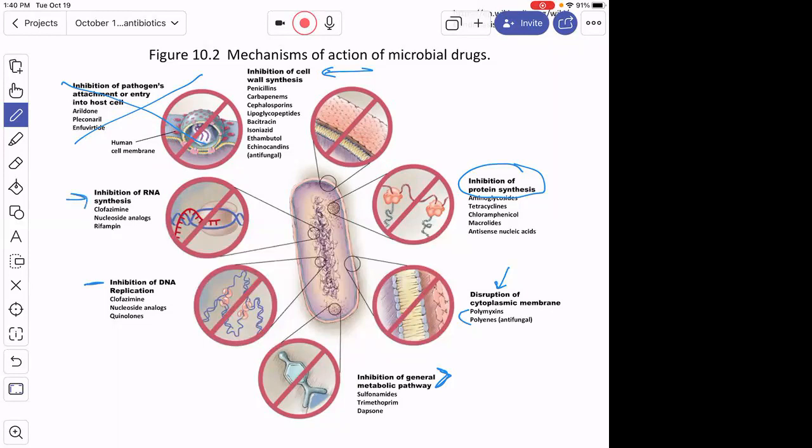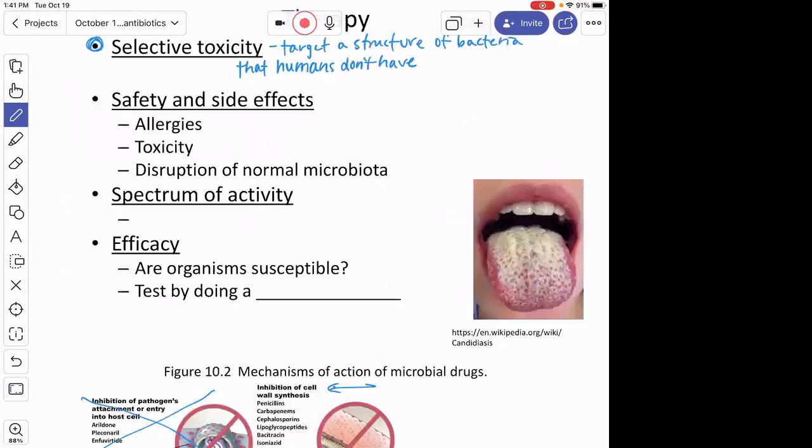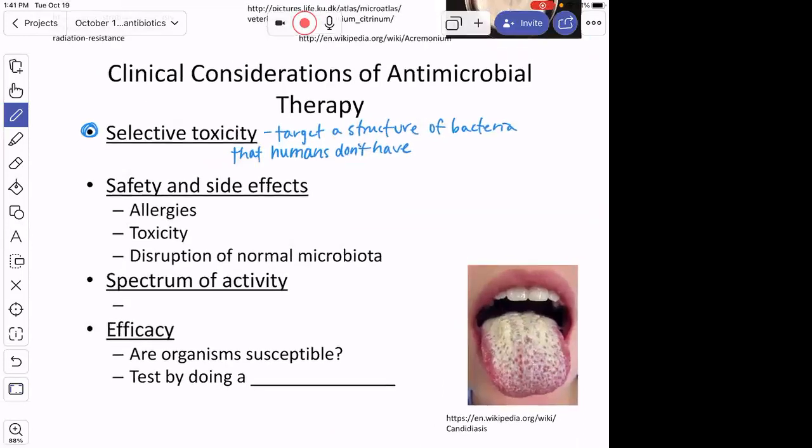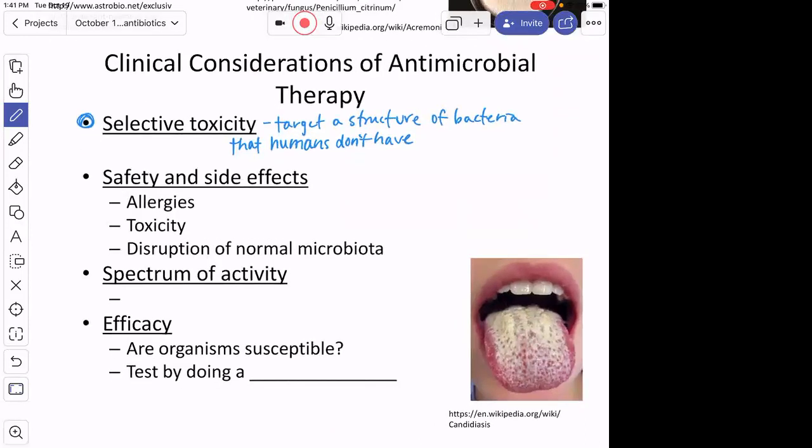So we've got an example of one of each of those. All right. So when I say selective toxicity, again, that's really important. There's always going to be side effects or allergies, but that's a different issue than actually the mechanism of action.